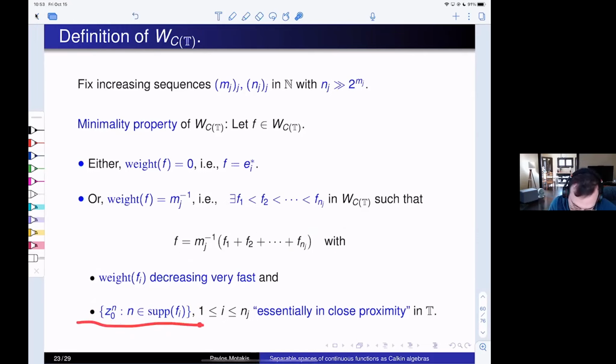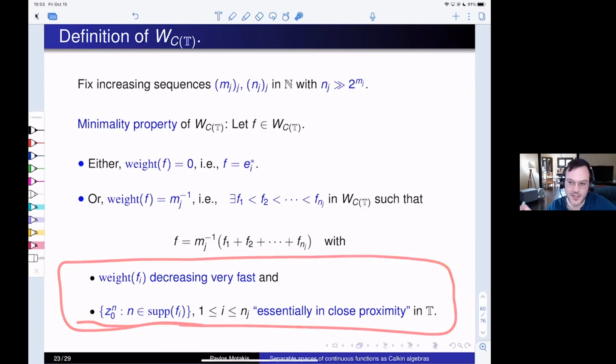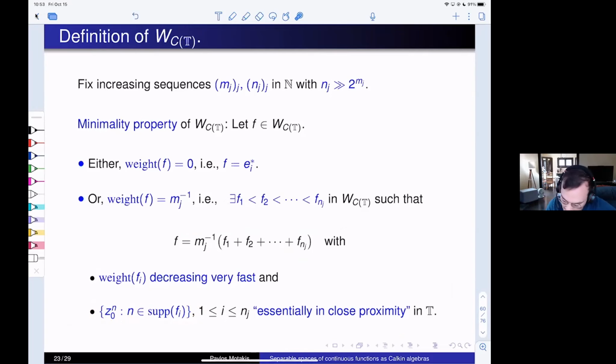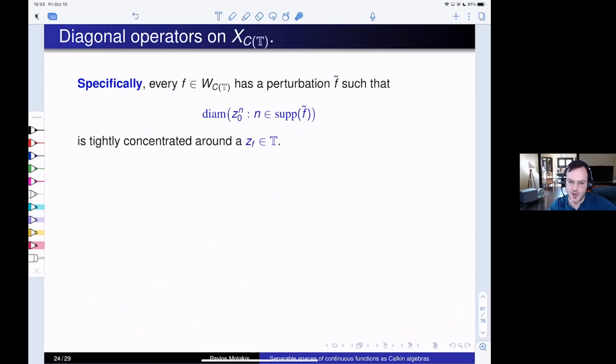These two are the most important things. If you have these two things together, this is the heuristic conclusion. What this means in the end is that if you take any member of this norming set and look at its support, up to some perturbation, you can get rid of some noise, and you are left with some F tilde such that the diameter of the support of F tilde, identified with a subset of the torus, is tiny.